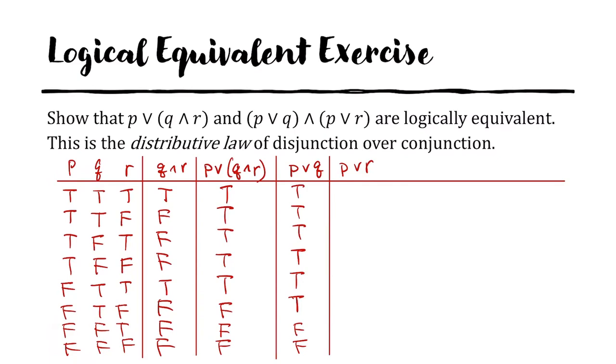And for P and R, again, we look for them to be both false. So the last one and the second to last one. All other places will be true. And then we can apply the conjunction on the 2 propositions.